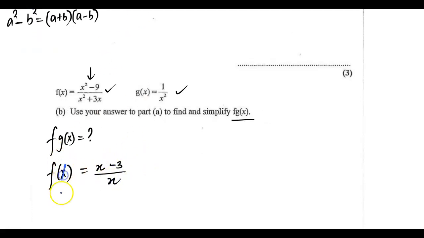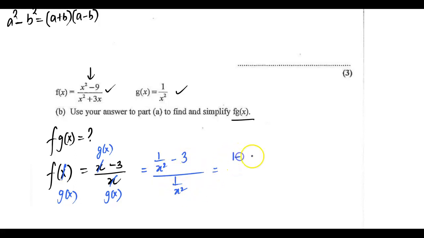Okay, so it is g(x) there and g(x) there. Let's try that. So it's going to be 1 over x squared minus 3, over 1 over x squared. Can we write it as 1 minus 3x squared over x squared divided by 1 over x squared? So it is like the first fraction divided by the second fraction.